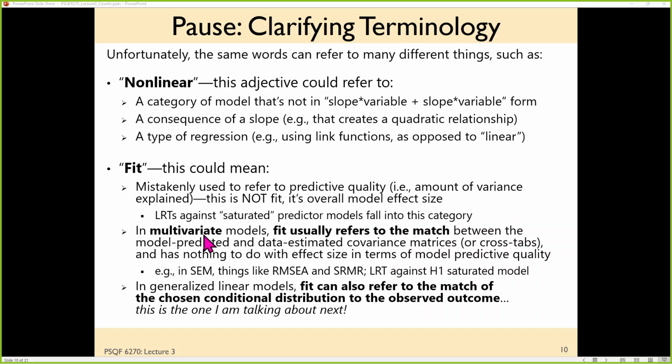When we get to multivariate models, and for those of you from the factor analysis class, crossover event continues, fit refers to the match in the data relative to what the model says with respect to the moments of the data. So we're talking in multivariate models about the means of our variables, the covariances between variables, and the variances of the variables in the data.